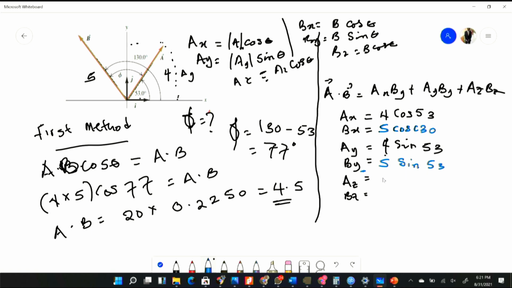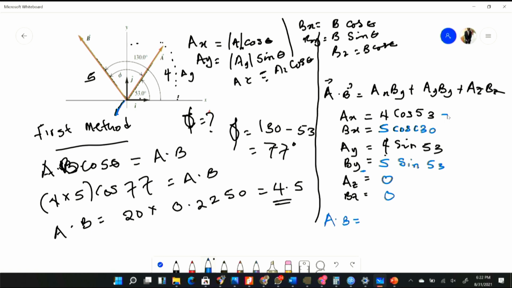I do not have any component along the z-axis, and neither does B have anything along the z-axis. So no component along z-axis, so it's 0.